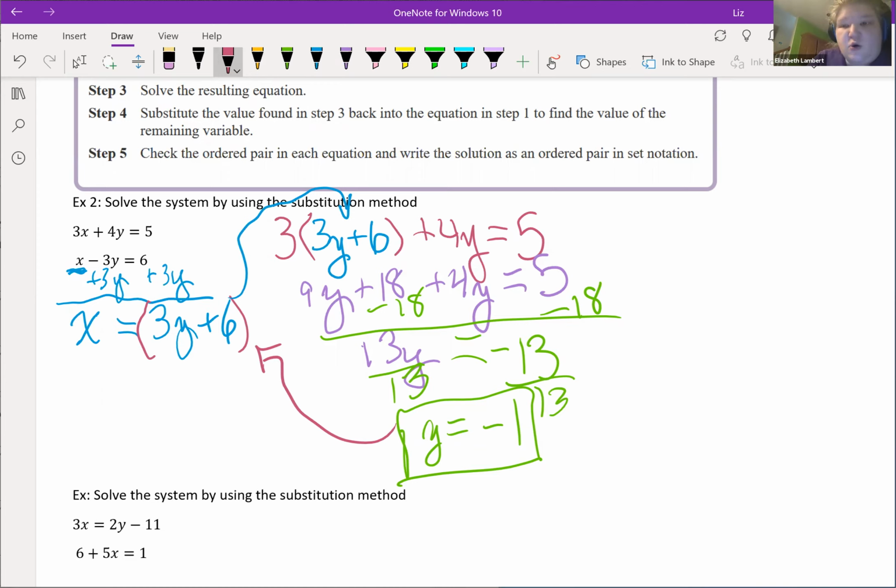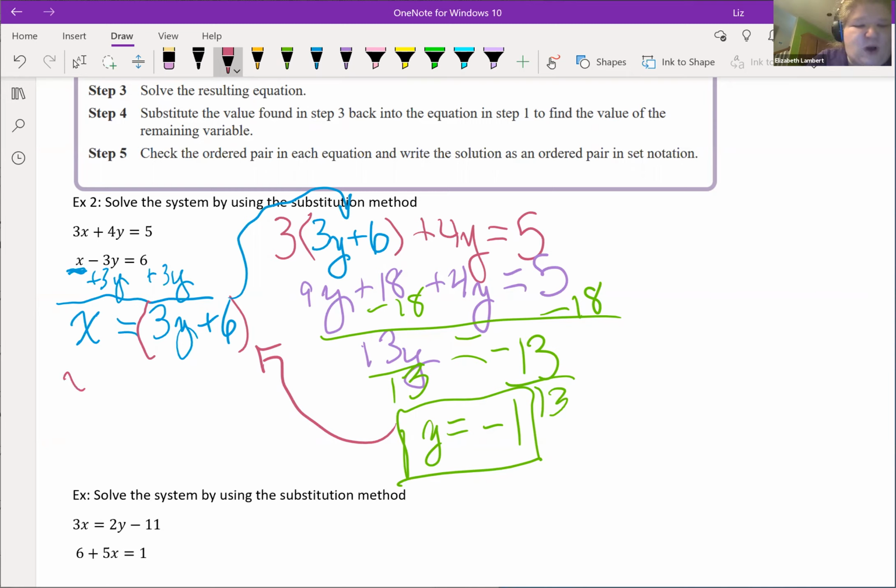Now that I know y equals -1 is one part of the answer, any equation I have here that has x and y in it, I can use to find the x. So I could plug -1 into 3x plus 4y equals 5. I could plug it into x minus 3y equals 6. But if I plug it into this one down here, x equals 3y plus 6, well, it's already solved for x.